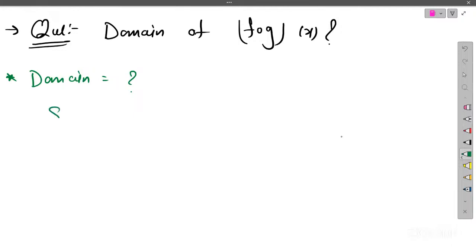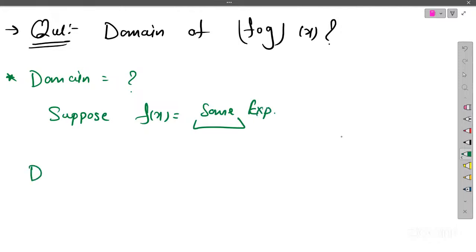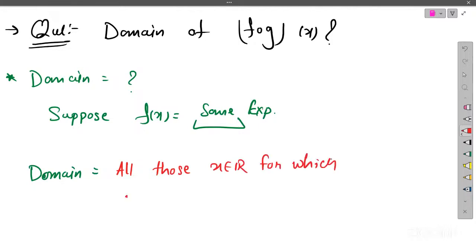Suppose f of x is given to you with some expression. Then what will be the domain? The domain is all those real numbers for which the given expression is well defined.